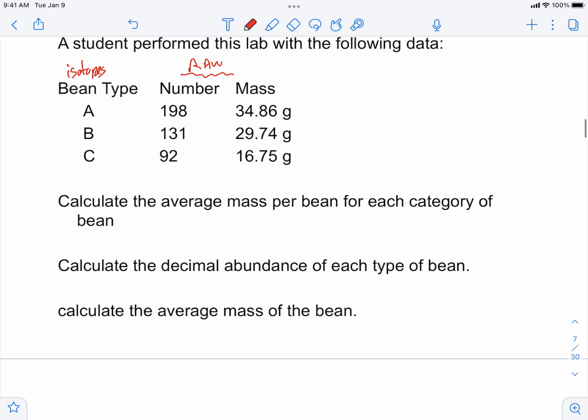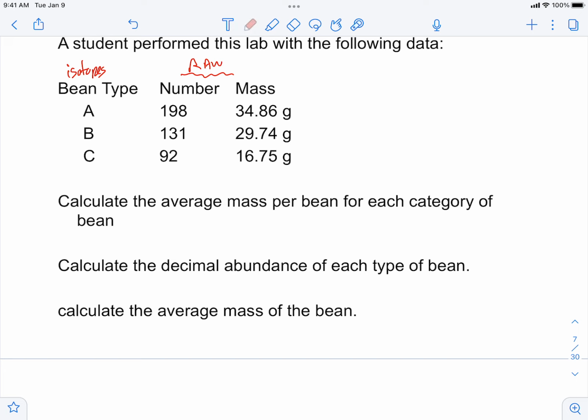So first, let's find the average mass per bean for each category. So focus on bean type A. If I said, what's the average mass of bean type A or of isotope A, without overthinking it, how would you find that?